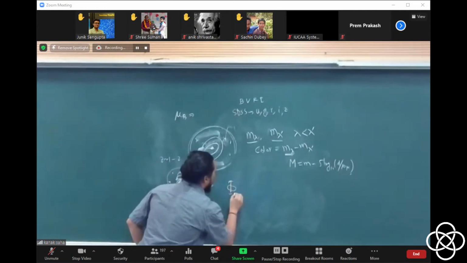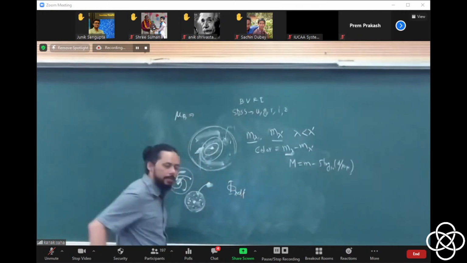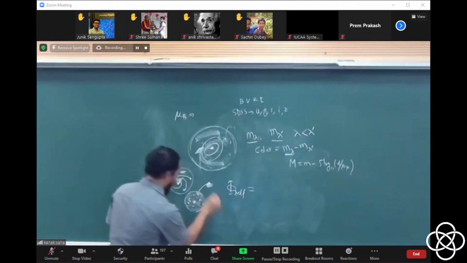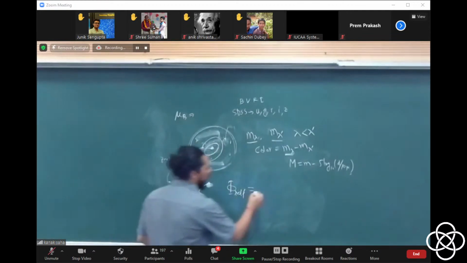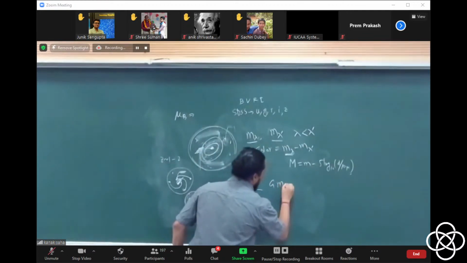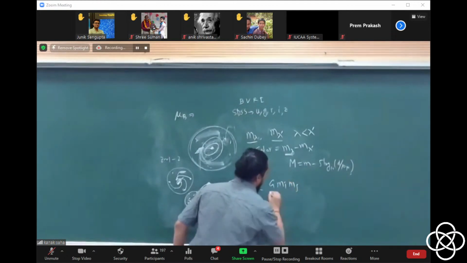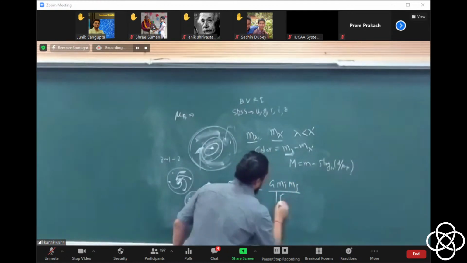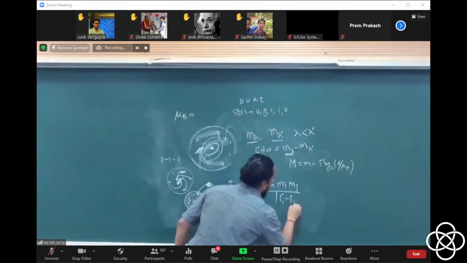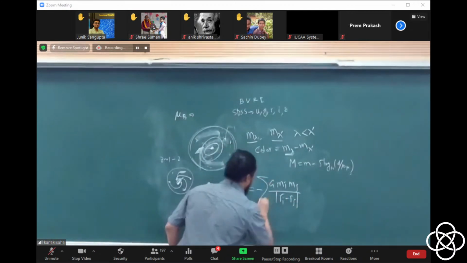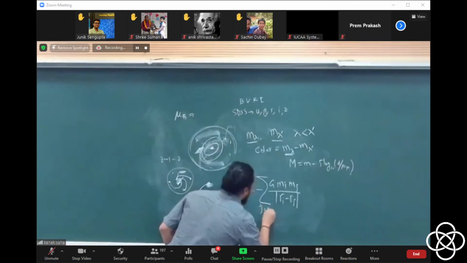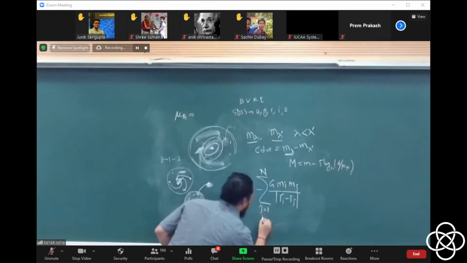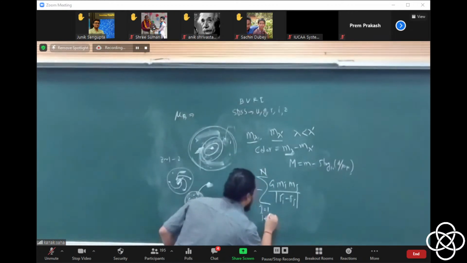There's a phi, which is the potential itself. Imagine I have n point masses, which are like stars. So it should be like G, Mi, Mj divided by the Green's function, sum over i equal to 1 to n number of stars, i not equal to j.